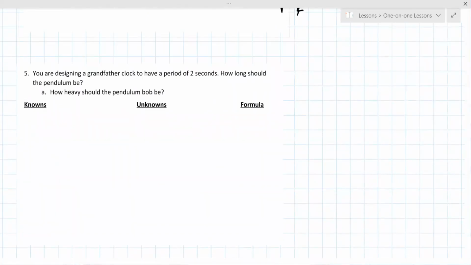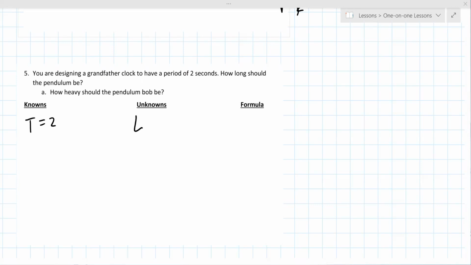All right, you're designing a grandfather clock to have a period of 2 seconds. Your period is 2. How long should the pendulum be? How heavy should the pendulum bob be? Okay, we're trying to find the L, and there are 2 different formulas that they give you for period.